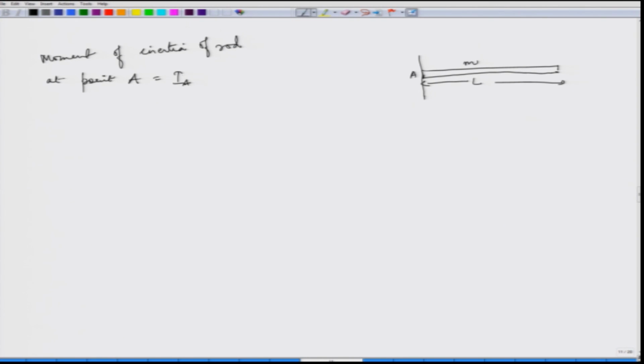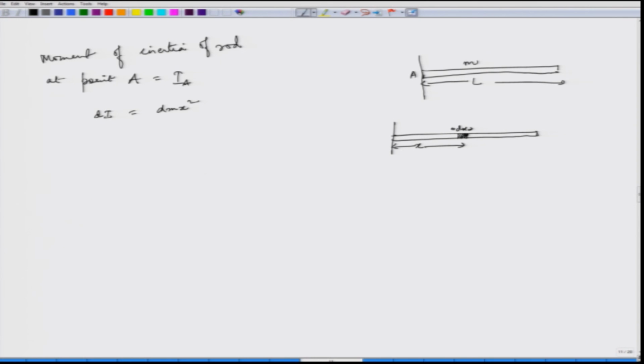Suppose at distance x we take a small element dx, and let us say dI, the small moment of inertia due to that small mass, is given as dm times x square. And what is my dm?